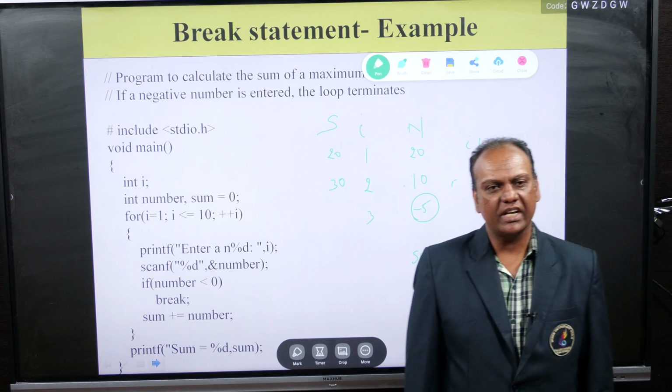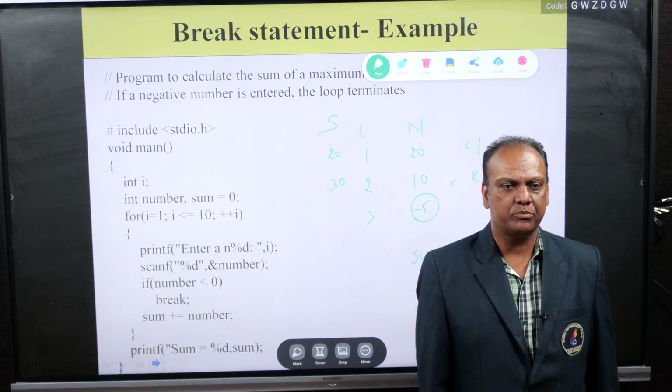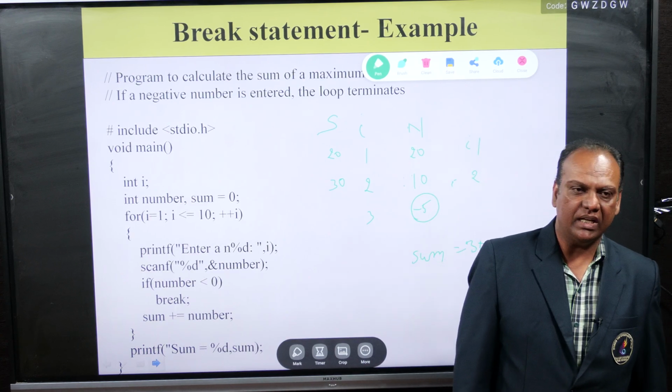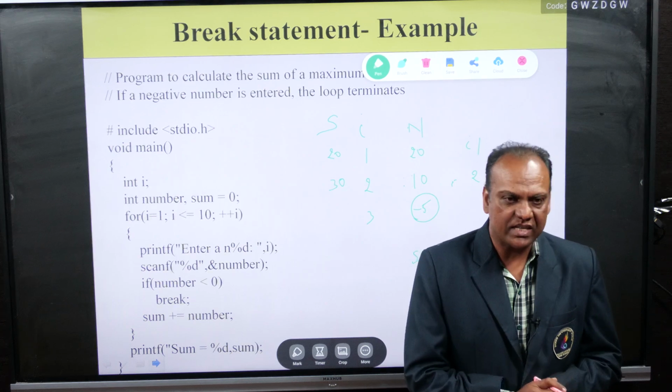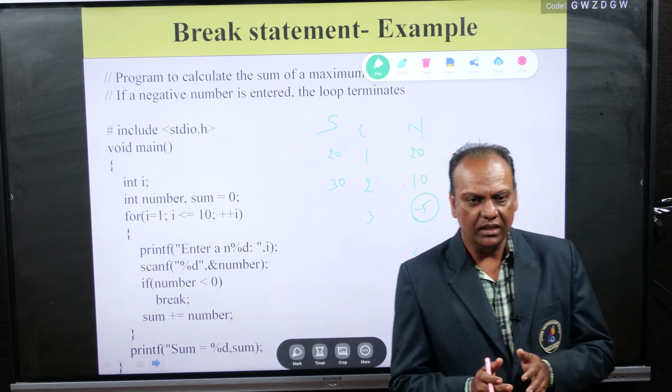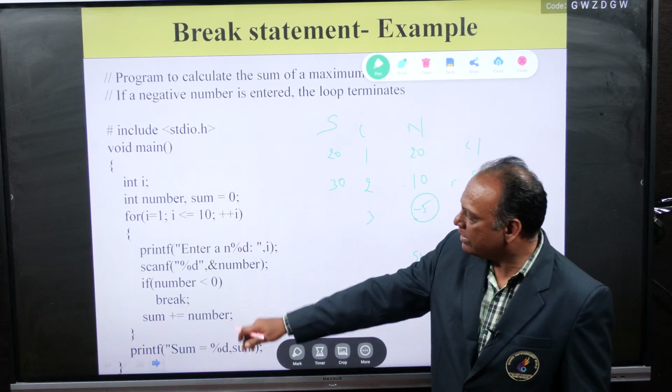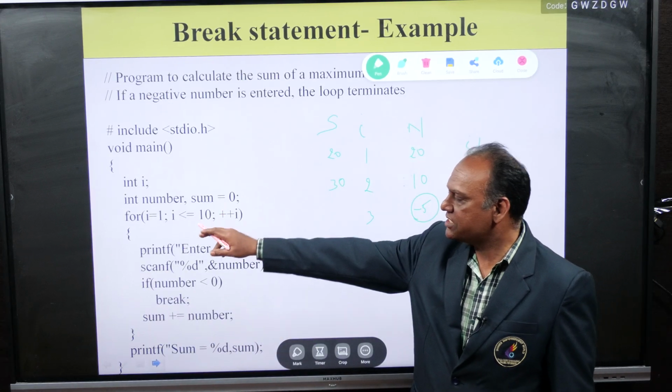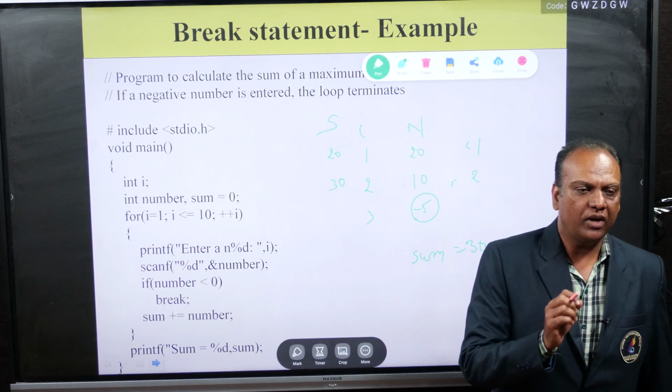Now another jump statement we see is the continue statement. The continue statement is similar to the break statement, but the entire loop will be executed until the loop condition becomes false.